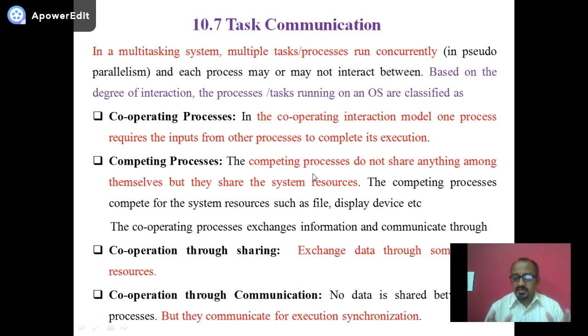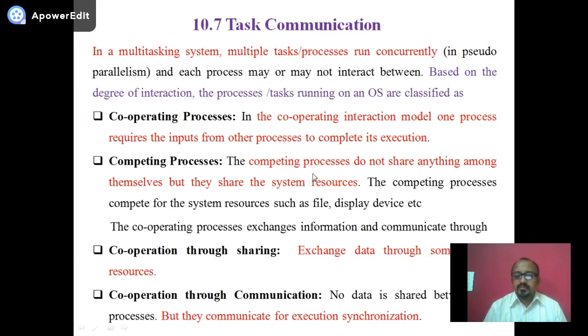For example, what I just explained: to display the key which is pressed, information has to be passed from the keypad task. The communicating processes do not share anything among themselves, but they share the system resources. So they are called communicating processes or tasks.